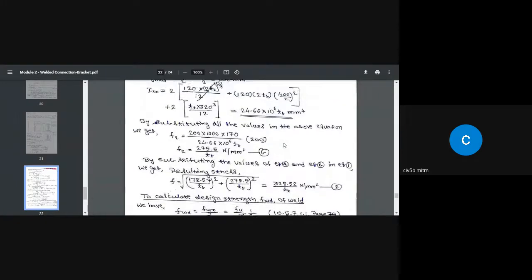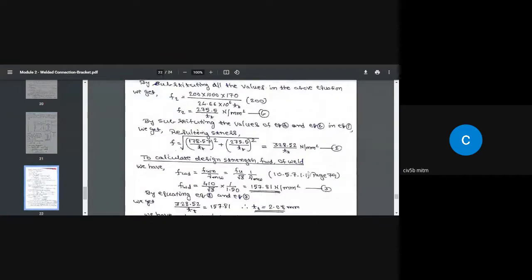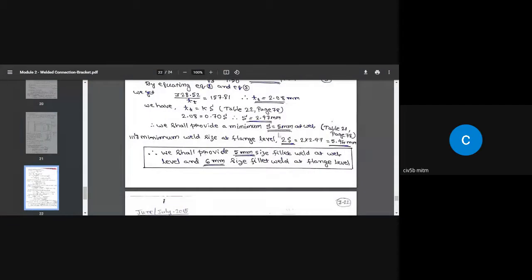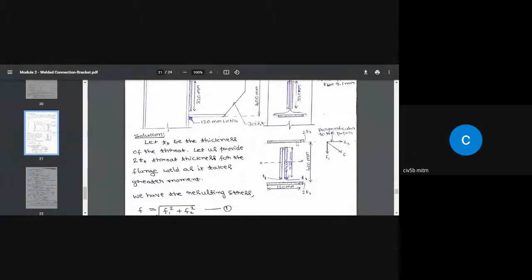Next, this is for this weld. How about for this weld? So 2.97 is the weld size according to the calculation we got here. So 2 times that is equal to 5.94, that is 6 millimeter. That is a 6 millimeter weld we are providing at the top.